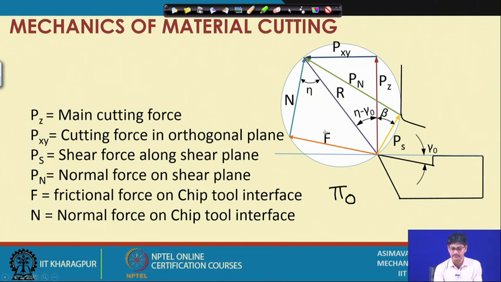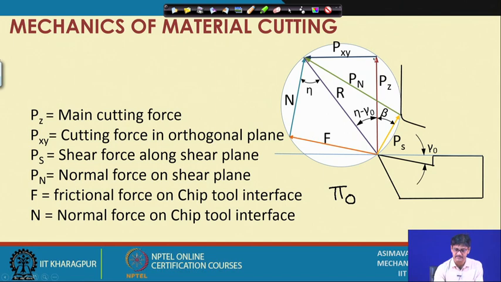And in what components can we resolve it? We can resolve it in components in the direction of the rake surface and perpendicular to it, in which case we will get the frictional force, normal force representation. We can also resolve it in the standard machine axes.